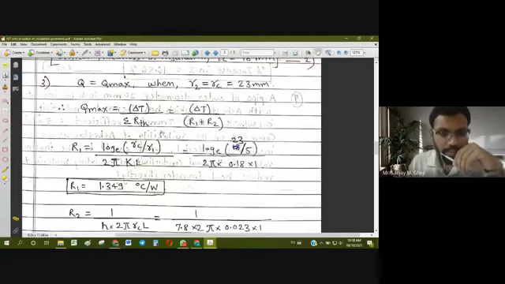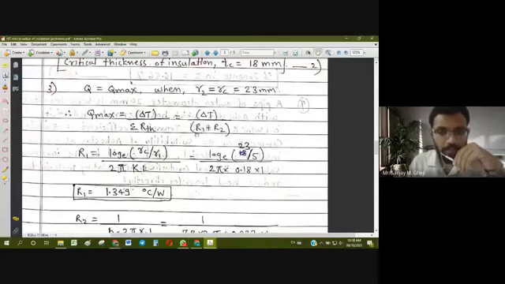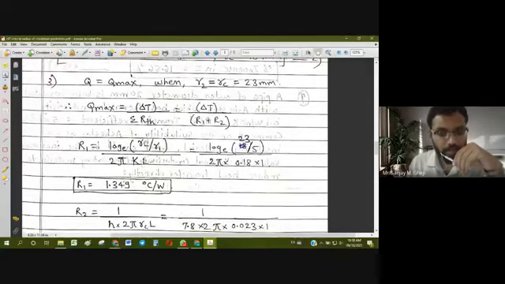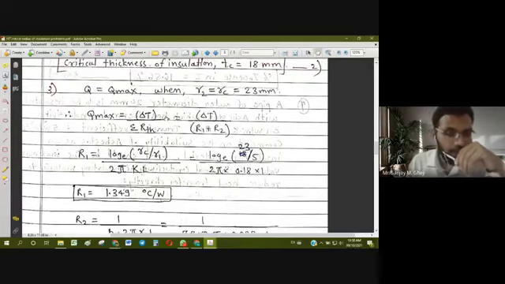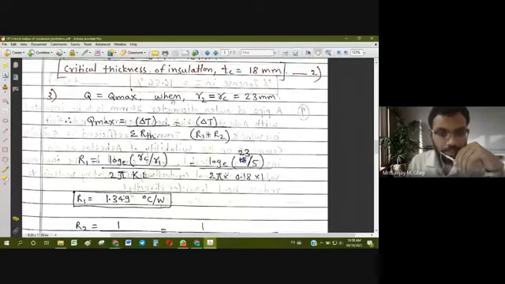Now in this case R1 will change, the resistance of the insulating material will change, because we have changed the radius of insulation. So in place of R2 it will be RC, the critical radius of insulation. Instead of the earlier radius of 7 mm, it will now increase up to 23 mm, because the critical radius is 23 mm.